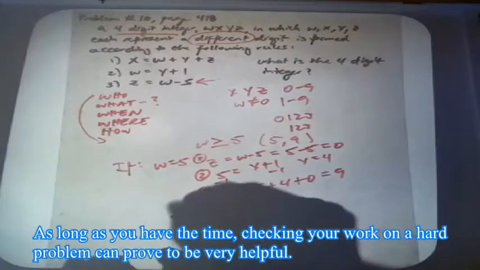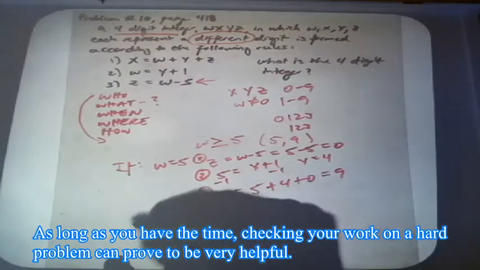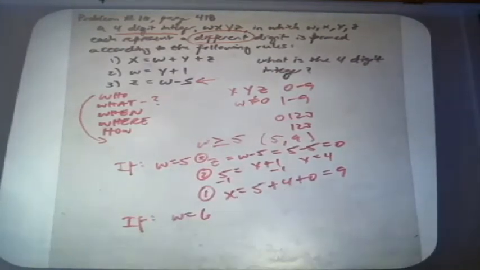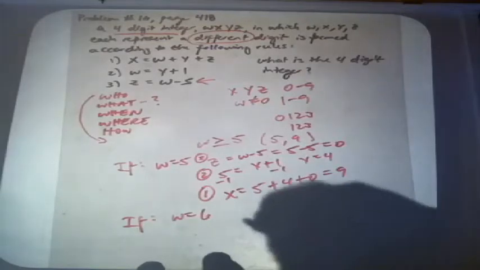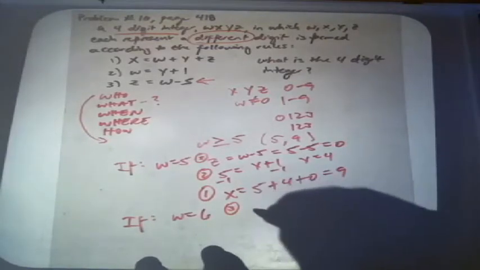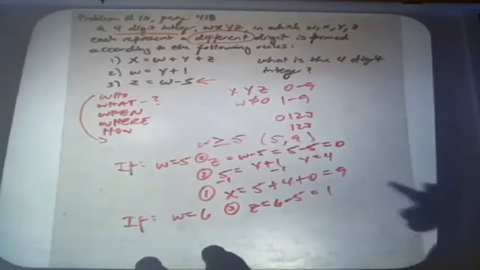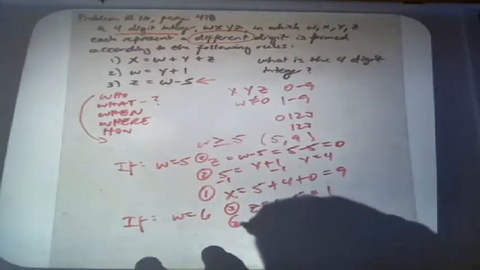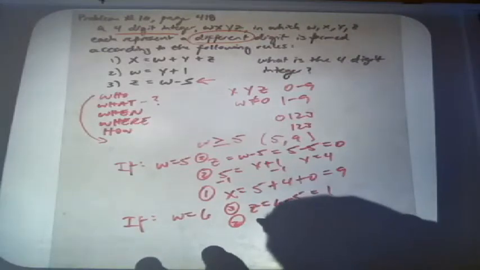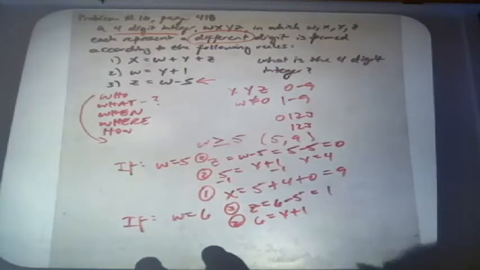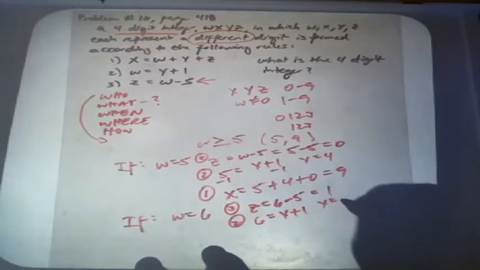So now let's let W be 6. If W is 6, then according to equation 3, Z has to be equal to 6 minus 5, and we see that Z is going to be 1. According to equation 2, if W is 6, then 6 equals Y plus 1, and we see that Y has to be 5.